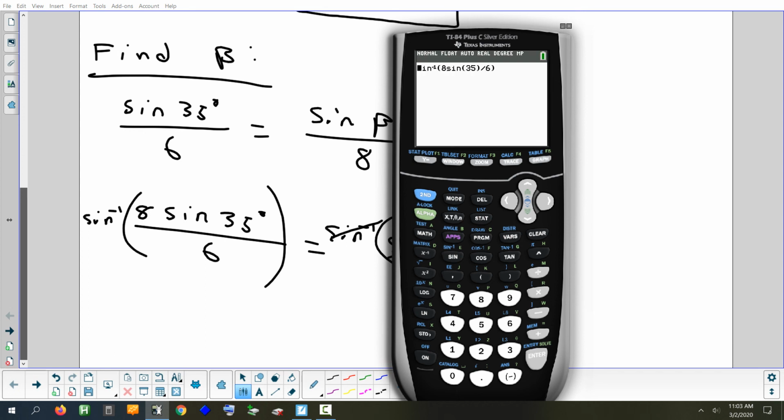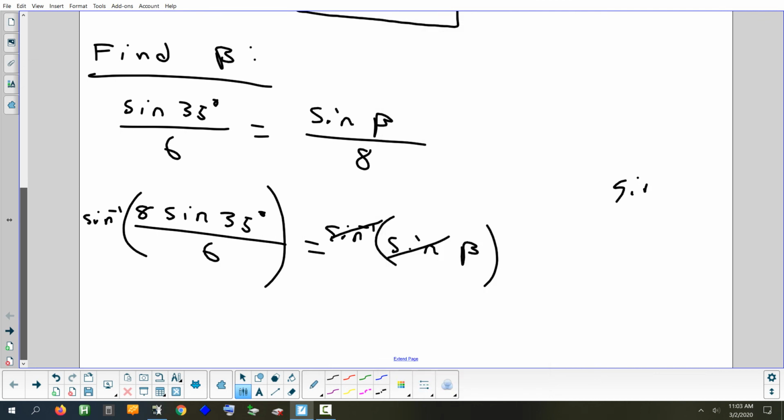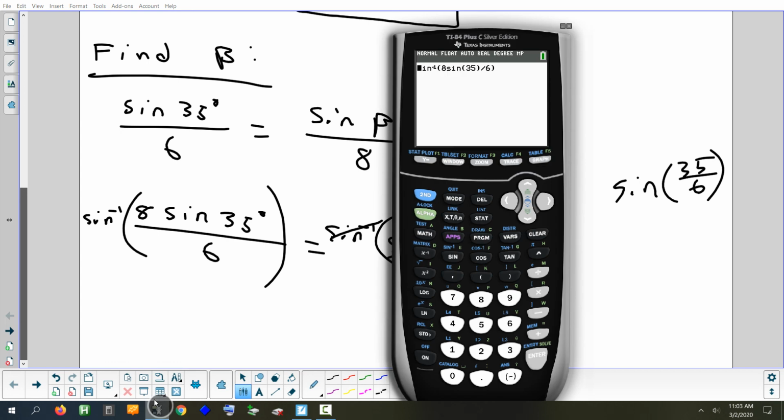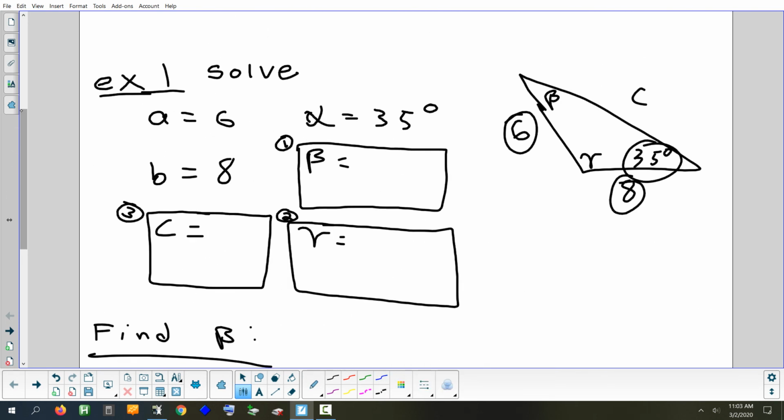Let's check the parentheses, so make sure you close it for the 35. If you don't, it's going to take the sine of 35 sixths, which is not at all what you want. You want the sine of 35 and then divide that by 6. All right, let's see what we get. Okay, so this isn't a no solution because I just got a solution: 49.886.